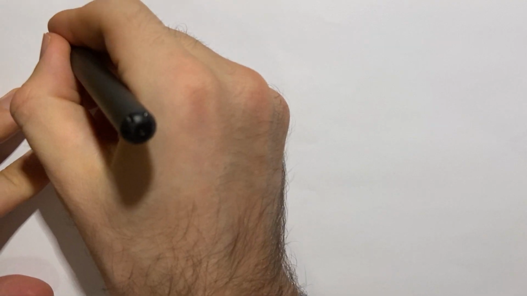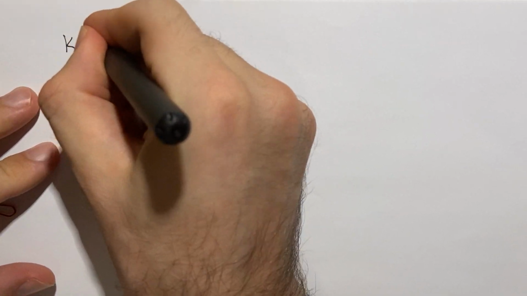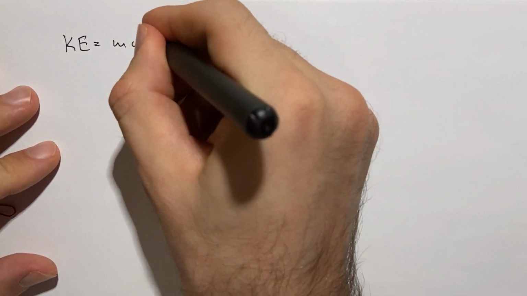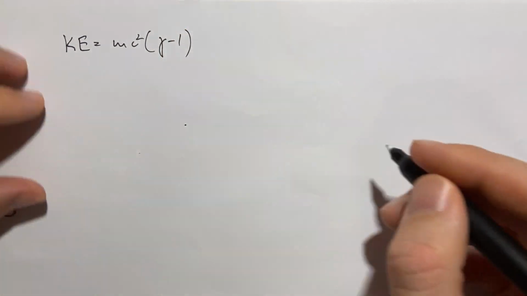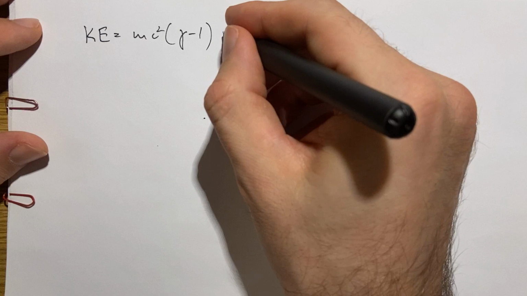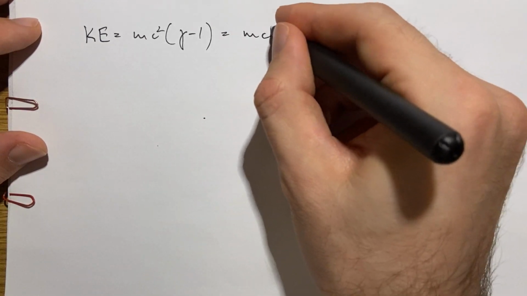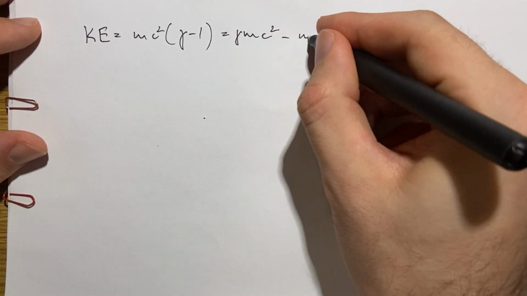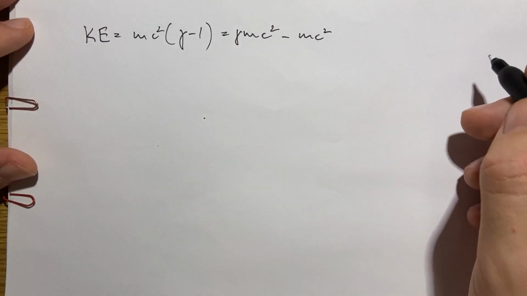All right, so this expression tells us that the relativistic kinetic energy equals mc squared times gamma minus 1. All right, and this is gamma mc squared minus mc squared. So let's try and rearrange this.